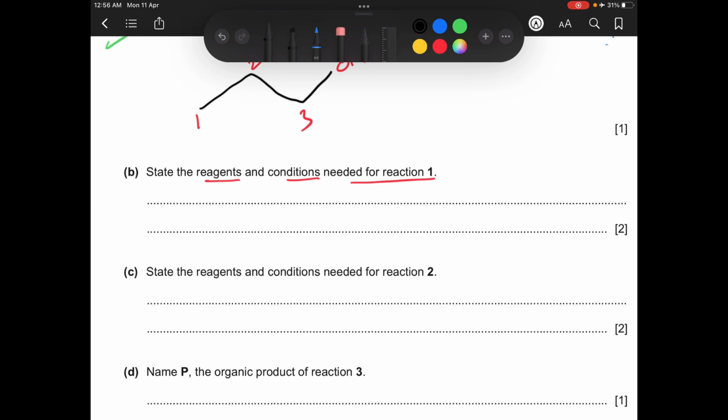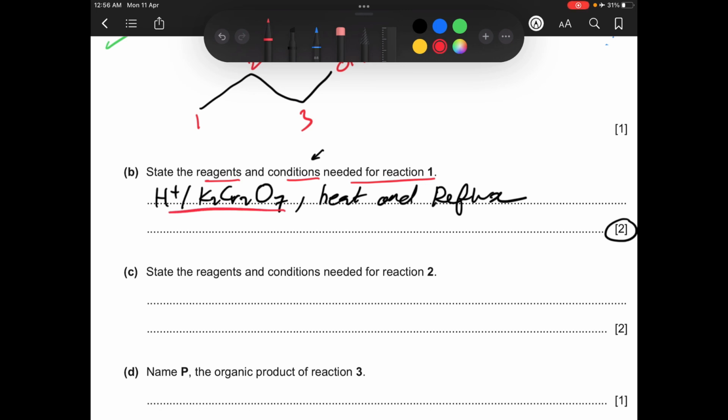The reagents that you will use are acidified potassium dichromate, K2Cr2O7, and you have to apply the conditions, heat and reflux. So you have 2 marks: you have to identify the reagents and then the reflux.